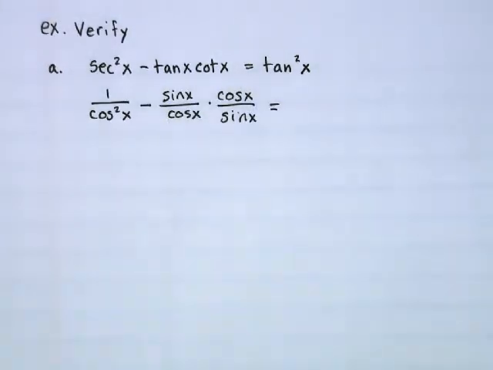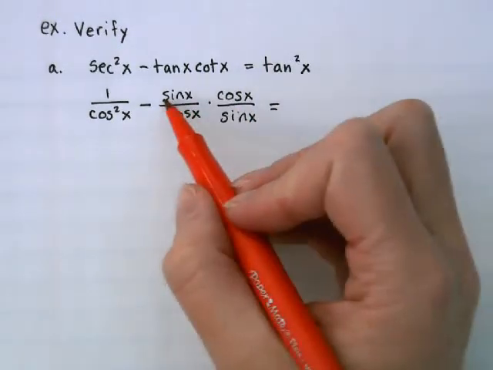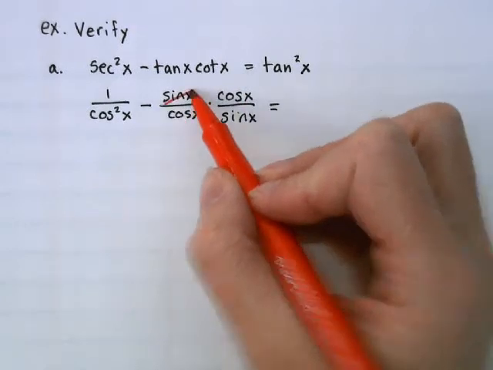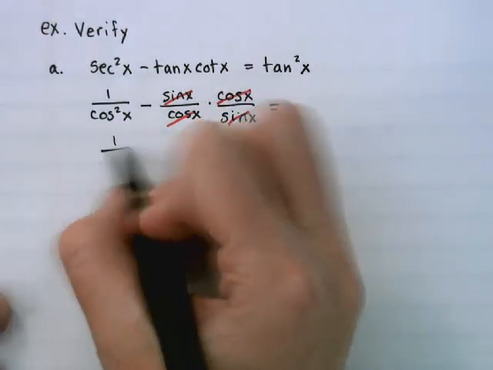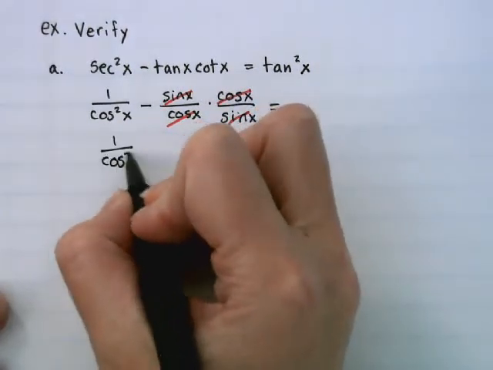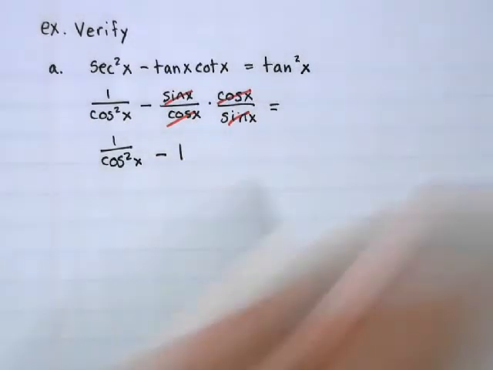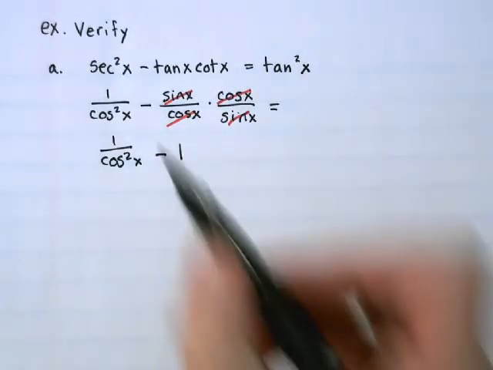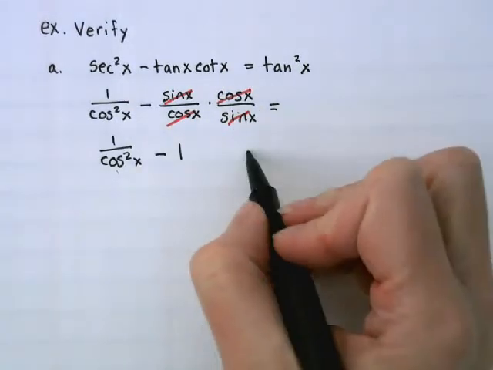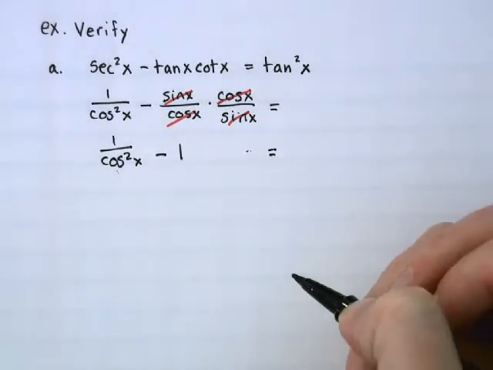Well, if you look here, if we multiply these together, we'd have sine cosine over cosine sine. So those all cancel. So that whole expression is now going to be 1. So we have 1 over cosine squared minus 1.